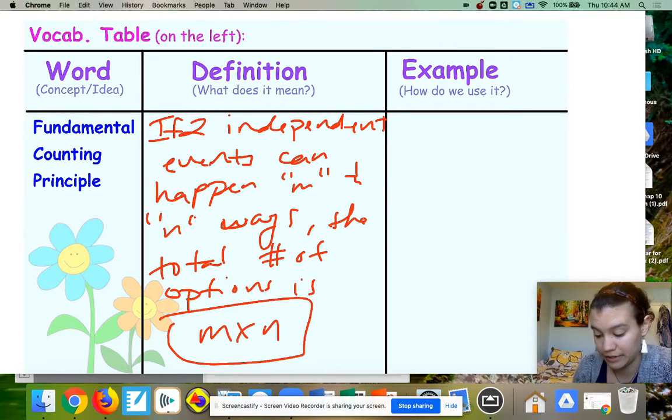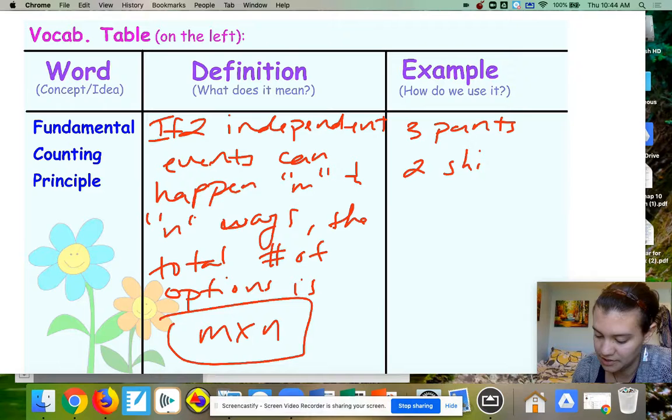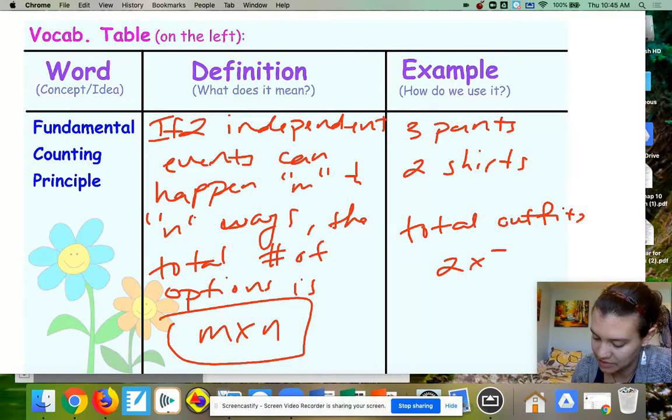So the example here, we could have 3 pants and 2 shirt options, or backwards. So your total outfits would be 2 times 3, or 6.